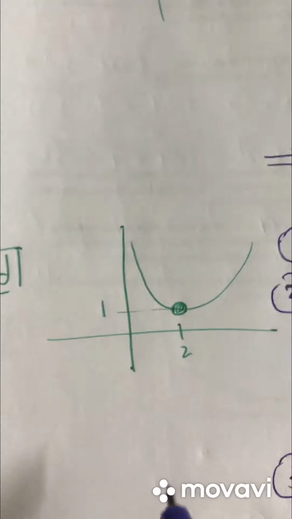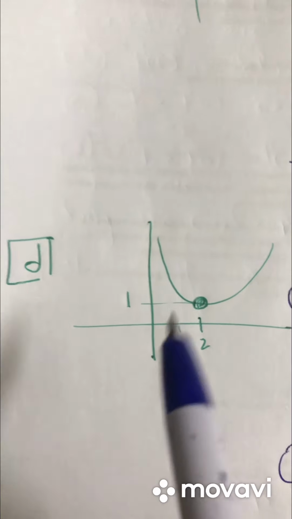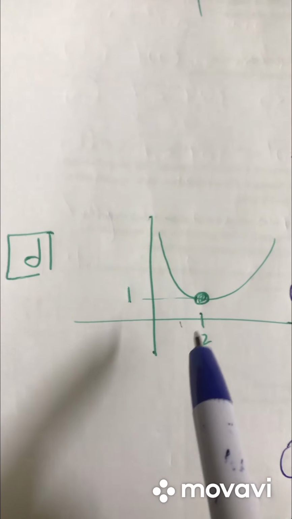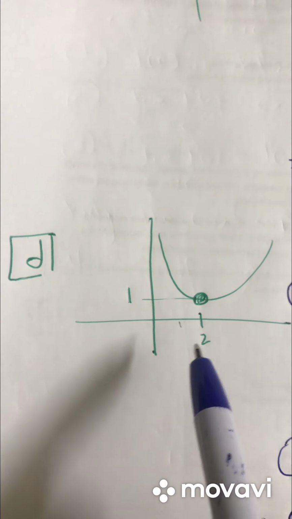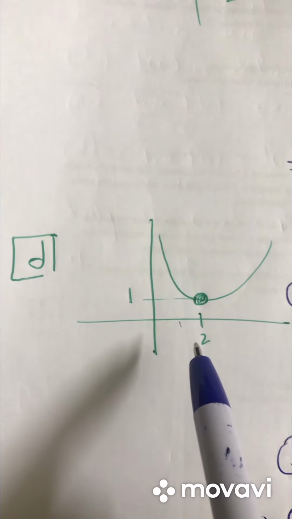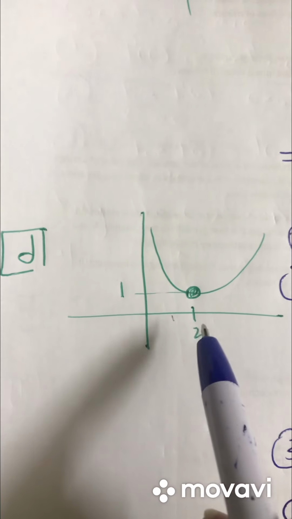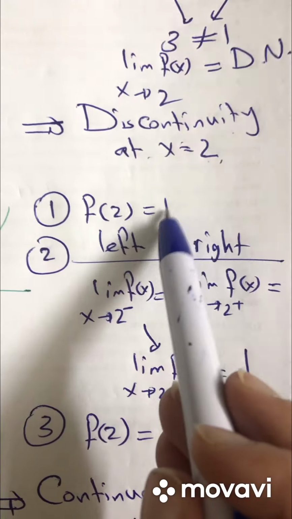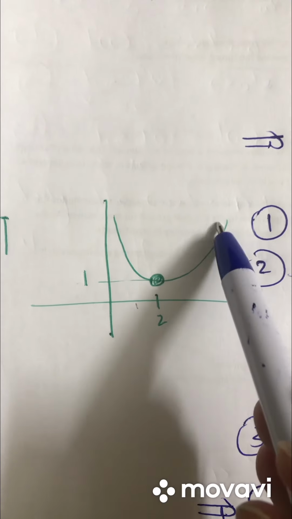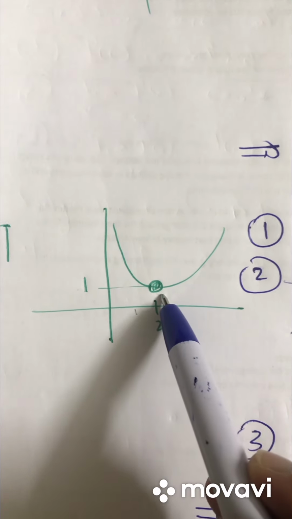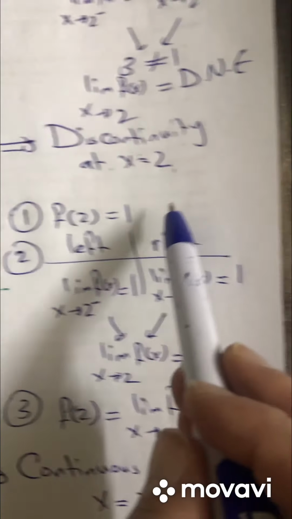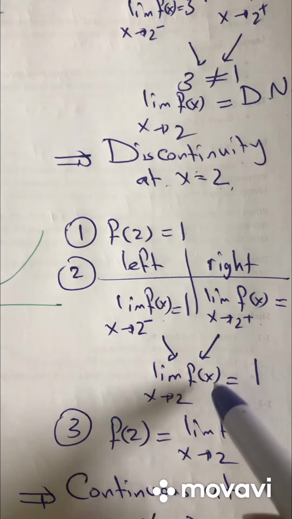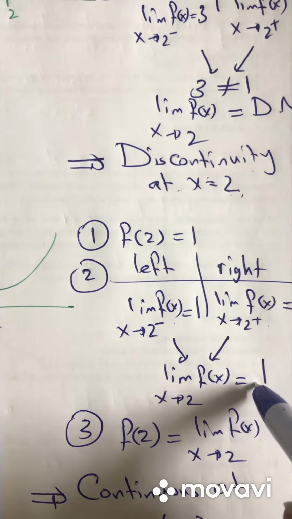But what about part D? Look at the graph. Before studying the conditions, do you think that this is continuous? Good, excellent. Let us prove it now. First of all, if I ask for f of 2, you will tell me that the answer is 1. Perfect. If I want to study the limits from left and from right, you will tell me that the answer is 1. Also perfect. Next step, the limit of f of x as x approaches 2 is 1.